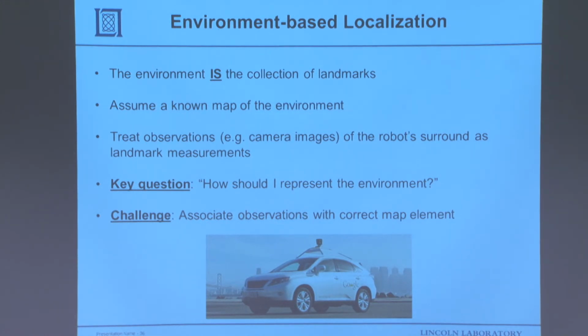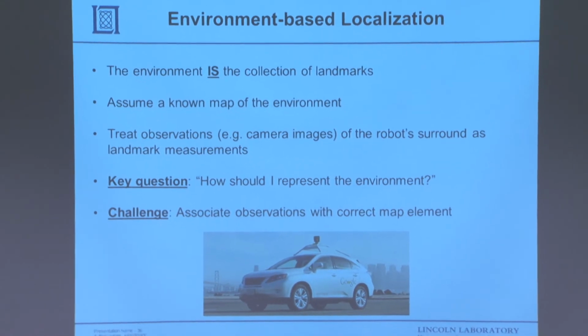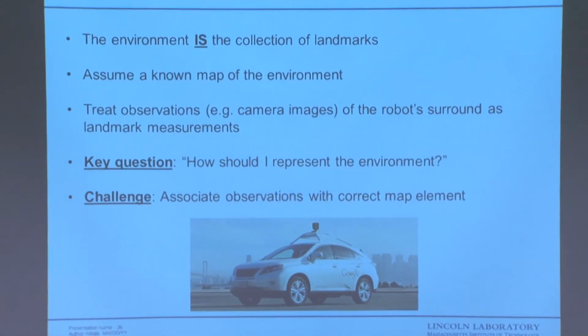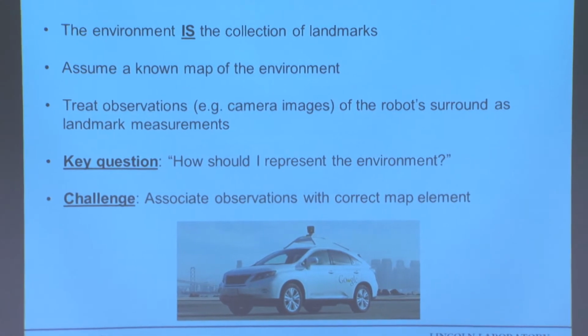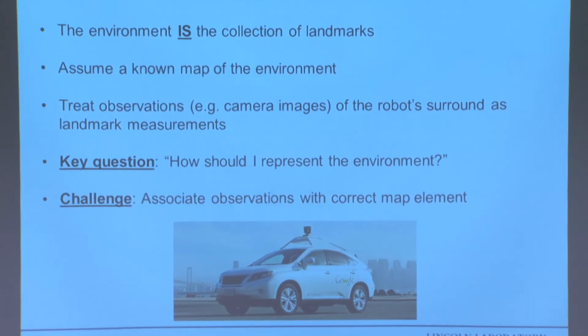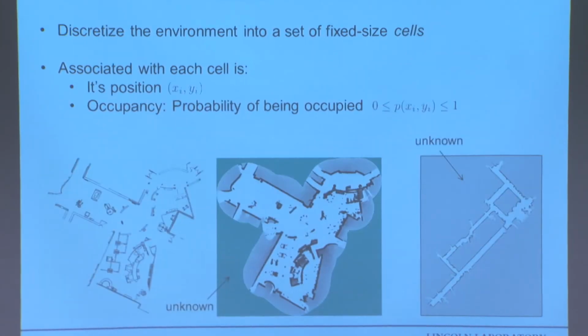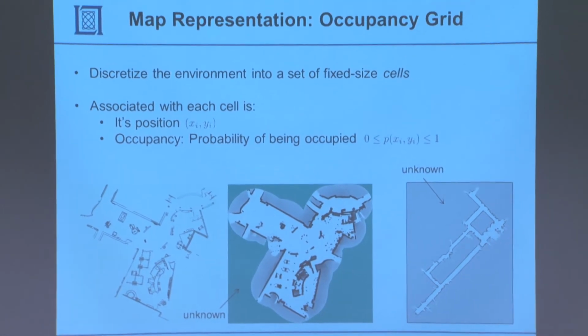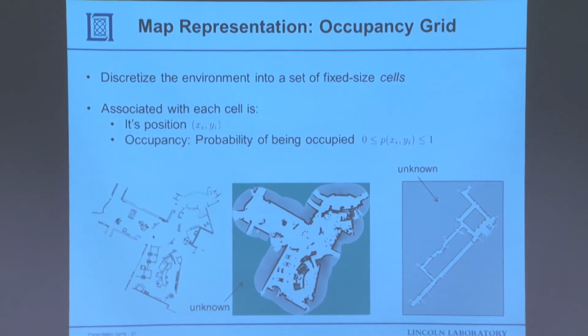So one question that you might ask yourself is, how would I represent that environment? And the second question is, once I have that representation of the environment, how do I associate my current observations with a particular position inside of that environment? So we're just going to very briefly cover this topic. We could easily spend several hours talking about different ways to represent the environment inside of maps.